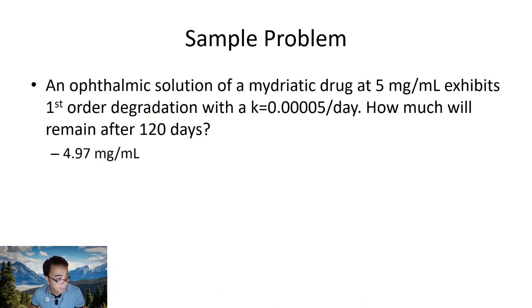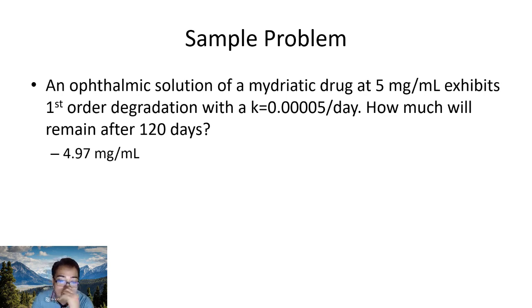And here's a sample problem. An ophthalmic solution of mydriatic drug at 5 mg per ml exhibits first order degradation with an elimination rate constant of 0.12345 per day. How much will remain after 120 days?